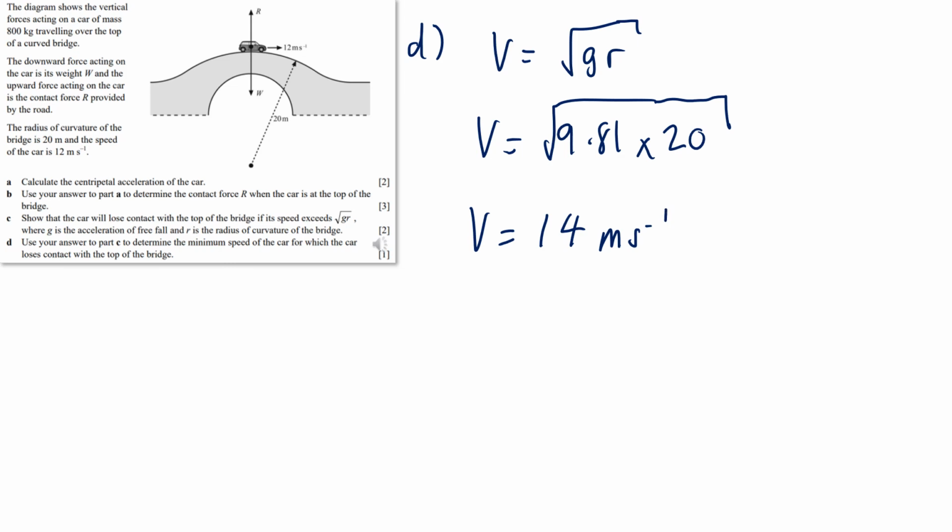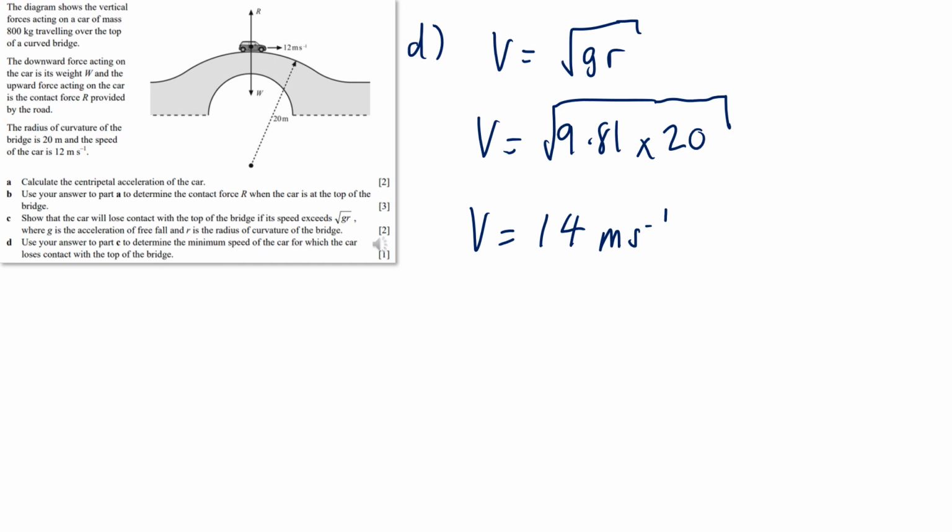Okay, so we've tackled this problem, the case of motion over the top of the hill, and applied the circular motion equations. Remember, it comes from what we've looked at previously, which is Newton's second law, F equals ma. It's a resultant force that's providing the centripetal force acting towards the center of curvature.